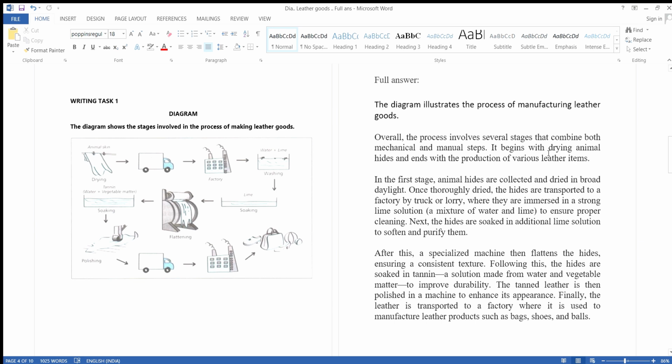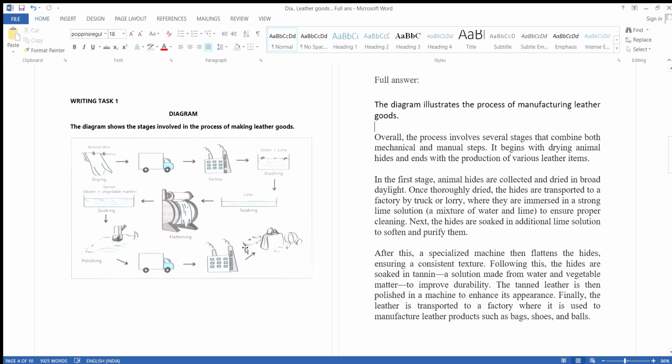It begins, again the present tense, with drying animal hides. Other good word for animal skin, it is hides, and ends with the production of various leather items. Leather goods is just paraphrased as leather items.